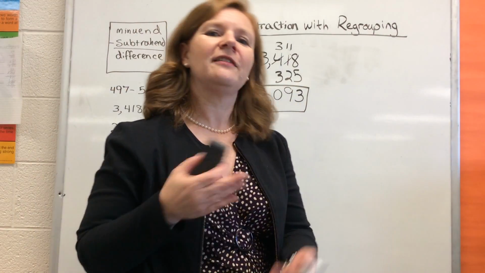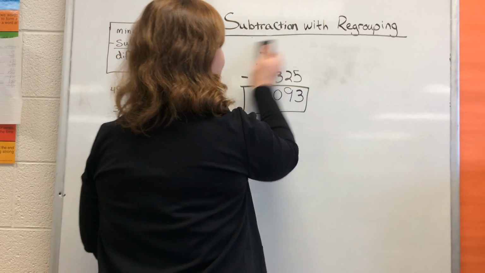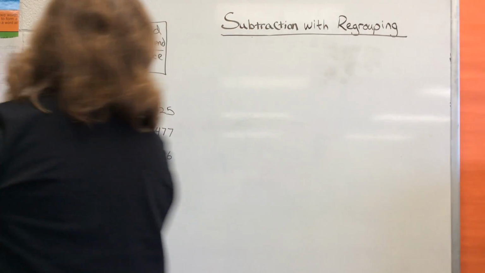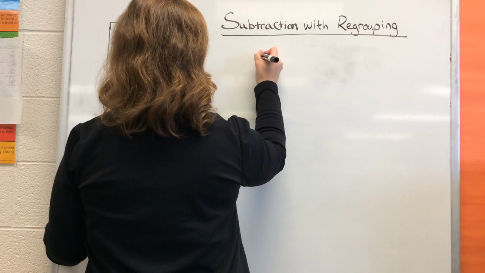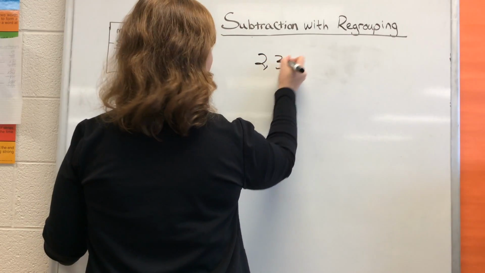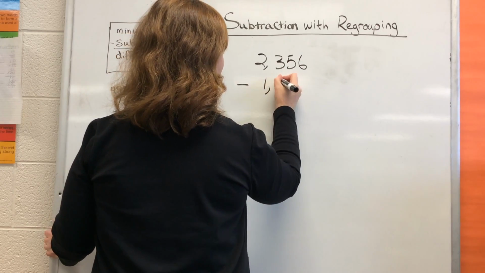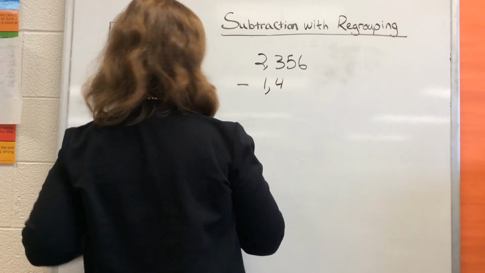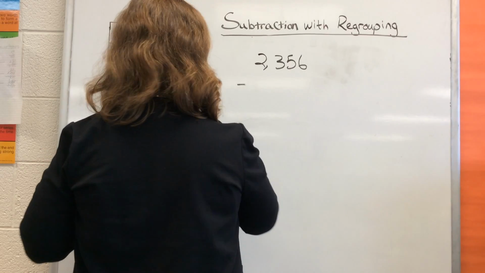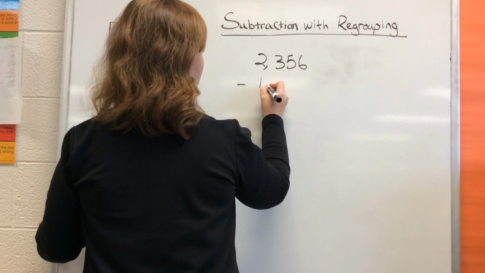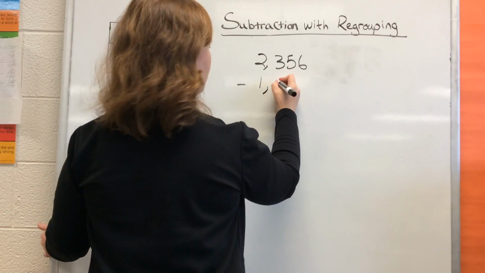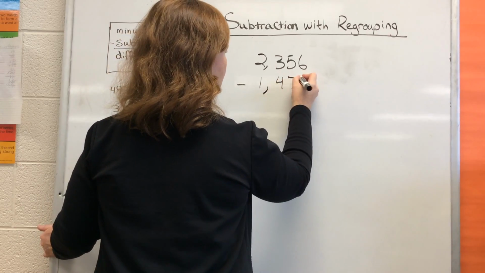The next problem will have several regroupings in a row. Line that one up a little bit better. 2,356 minus 1,477.